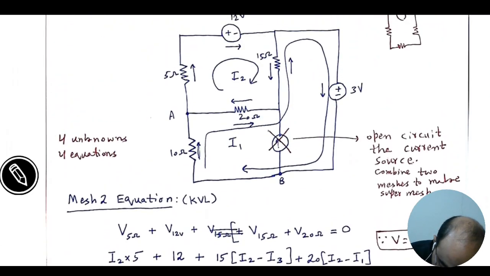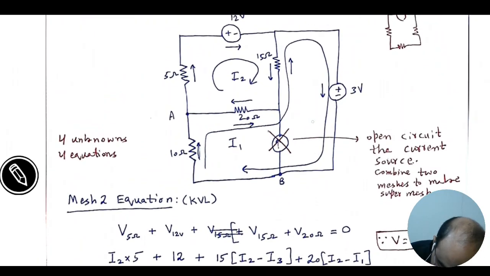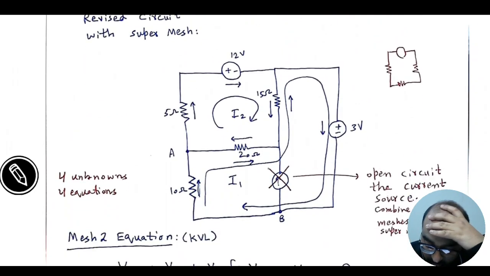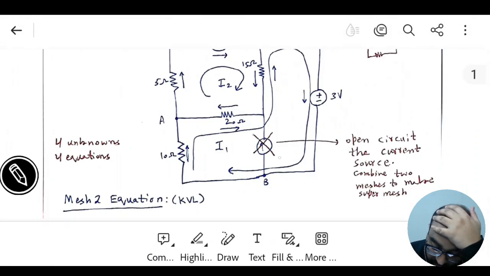Now you might get confused about why we are considering I3 when we have created the super mesh. Just to be clear, the super mesh is for resolving the circuit. We did not actually replace this element with an open circuit.